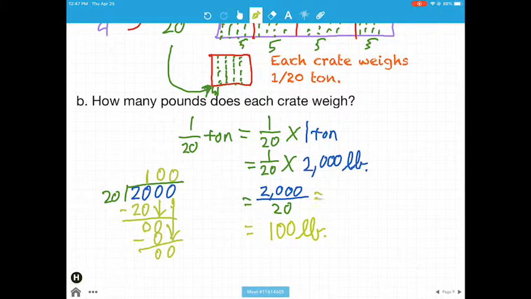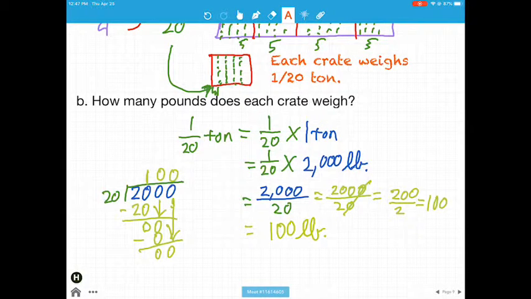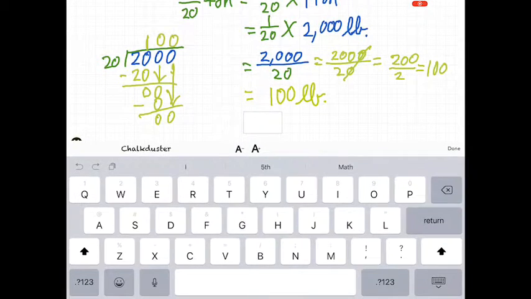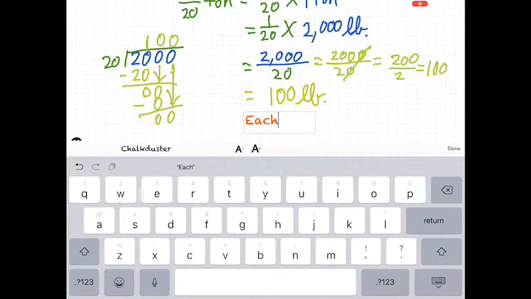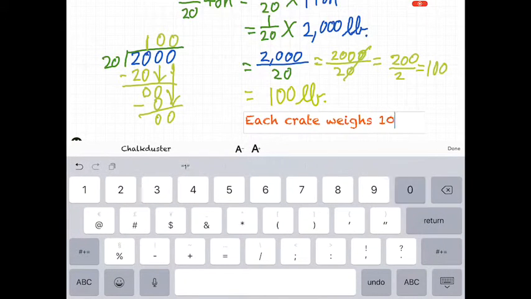Another way to look at it is we have 2,000 over 20. We can cross that out. And now we have 200 divided by 2. We know that 2 divided by 2 is 1. And 2 zeros after it. All right, so each crate weighs 100 pounds.